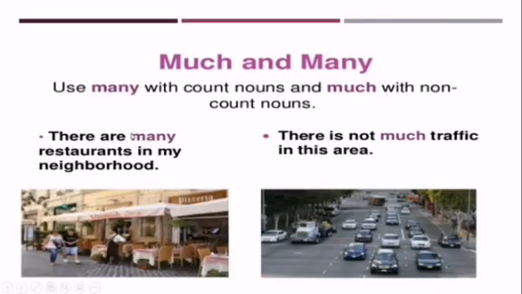When we say many, the noun is always going to be plural because many means more than two, more than three. There are many restaurants in my neighborhood, but there is not much traffic in this area. So traffic is an uncountable noun, so we need to use much.